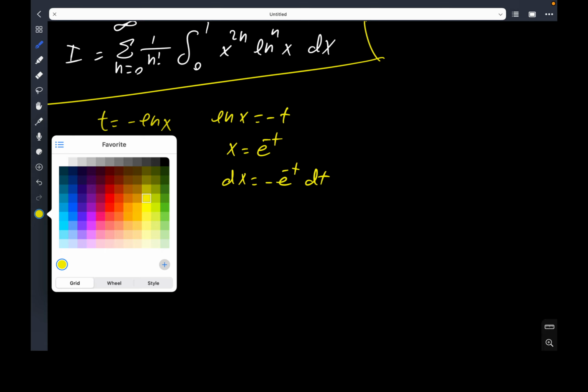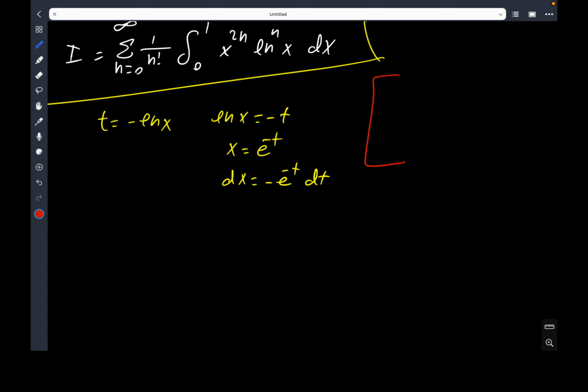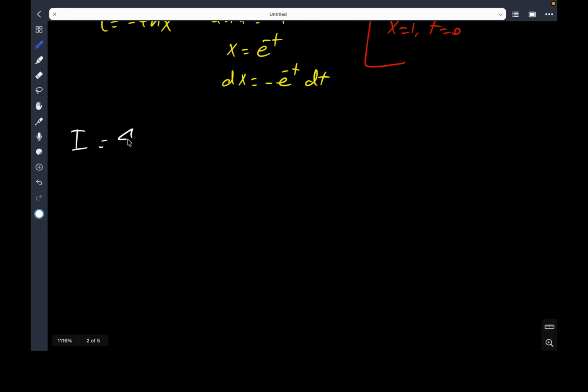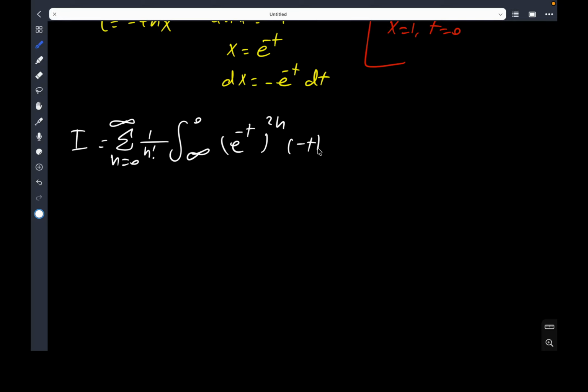Now I have to change my bounds. When x equals 0, t equals infinity, and when x equals 1, t equals 0, because ln of 0 approaches negative infinity, and the negative of negative infinity is infinity. So I'm going to write this integral again: the sum from n equals 0 to infinity of 1 over n factorial, the integral from infinity to 0 of e to the negative t to the 2n, negative t to the n, negative e to the negative t dt.